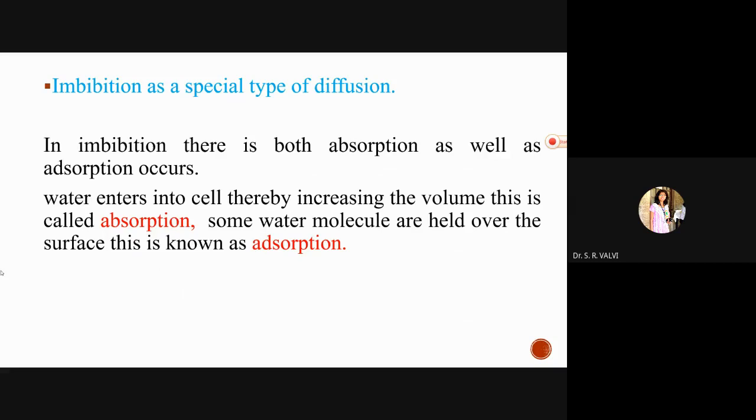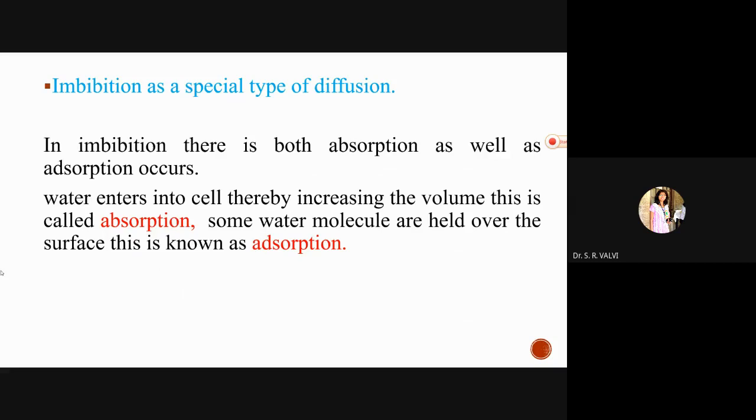In adsorption, water molecules are held on the surface only, whereas in absorption some water molecules directly enter into the cell, and because of that it increases the volume of that particular cell.